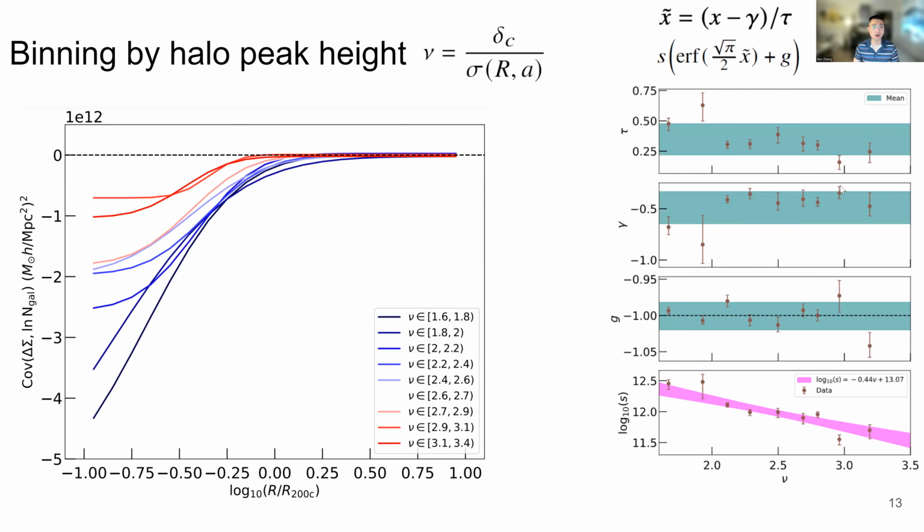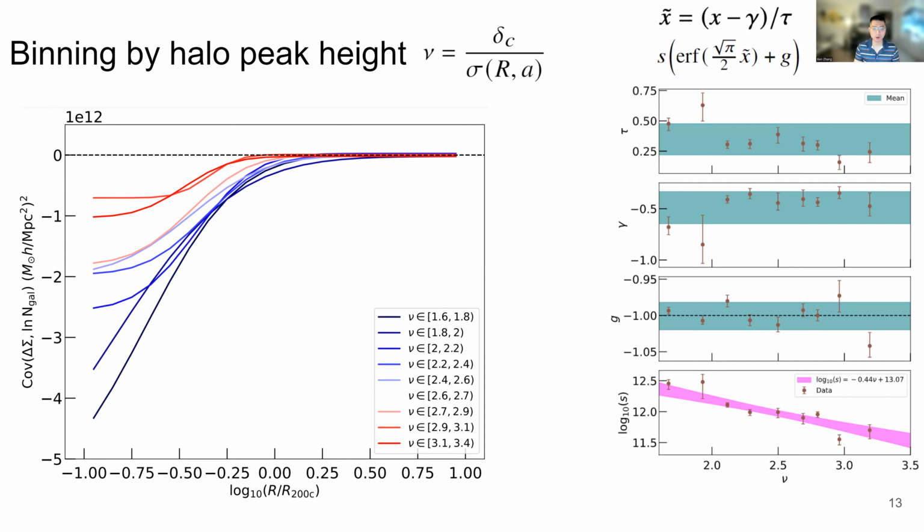However, we do find a strong mass and redshift dependency when we bin the clusters by their peak height. Here in the plot shown to the left, you can see visually that the size of the covariance changes significantly with the peak height. Looking at the parameter space on the right-hand side, we find that tau, gamma, and g are roughly consistent across different peak heights.